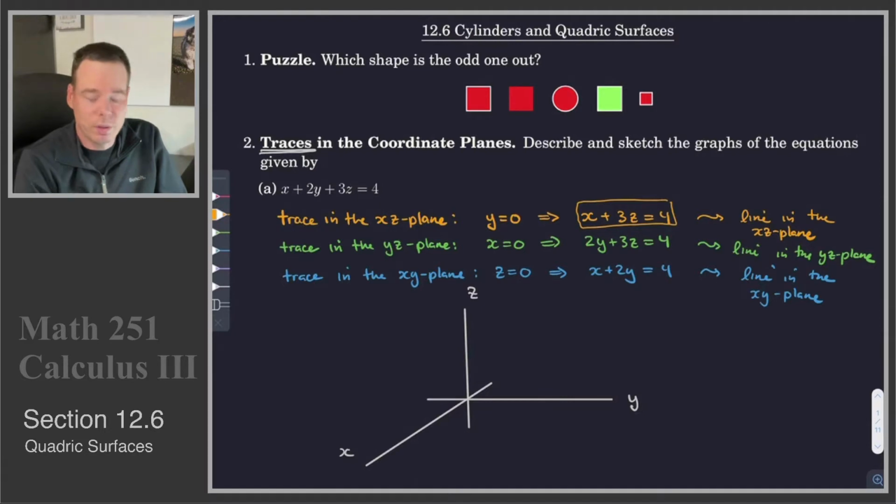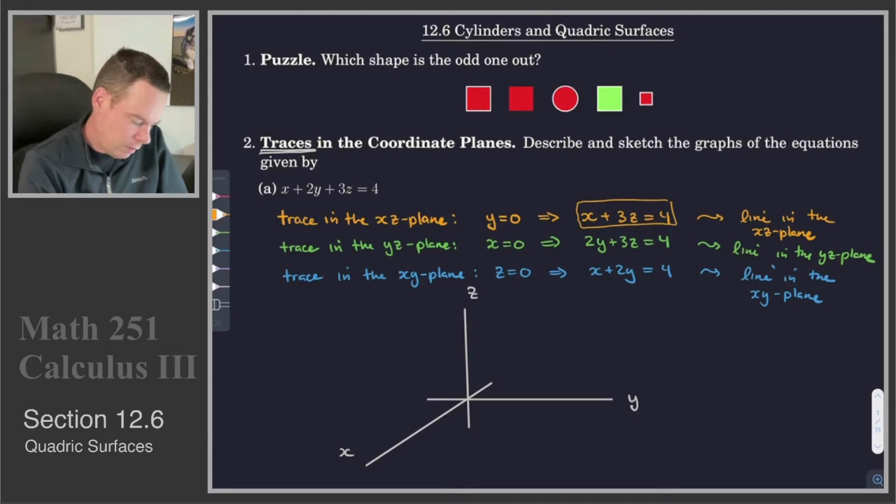Now I only need 2 points to determine a line, so what I can do is just ask myself, where does it hit the z-axis? When it hits the z-axis, that's when x is 0, so that means z is equal to 4/3. So it hits it up here at a value of 4/3. Where does it hit the x-axis? That's when z is 0, and so x is equal to 4.